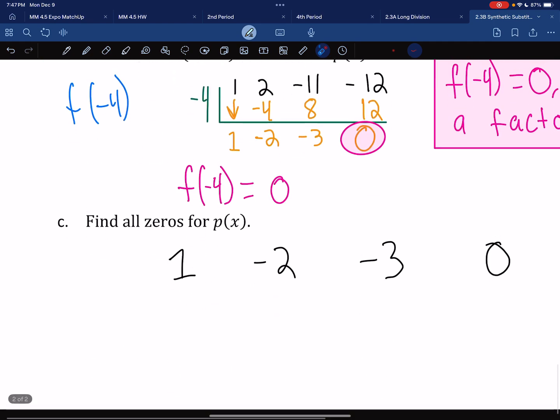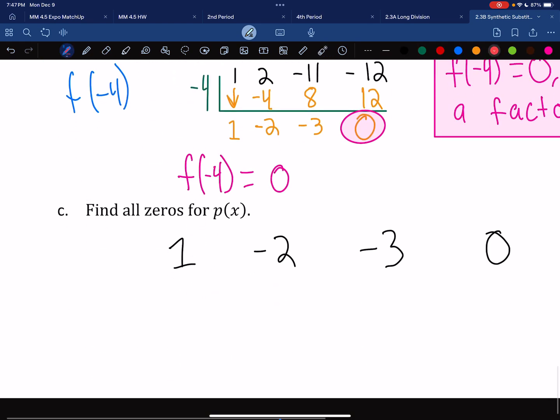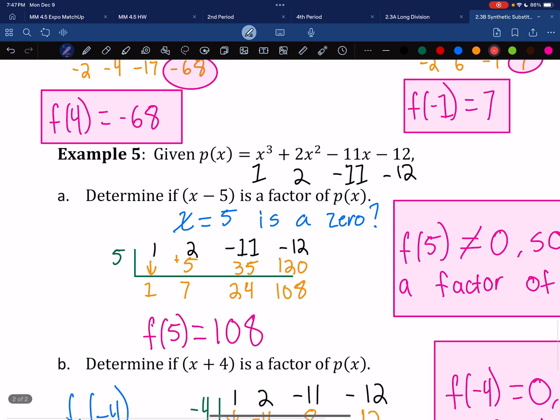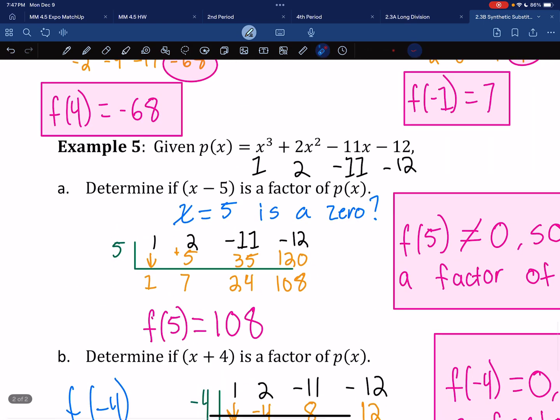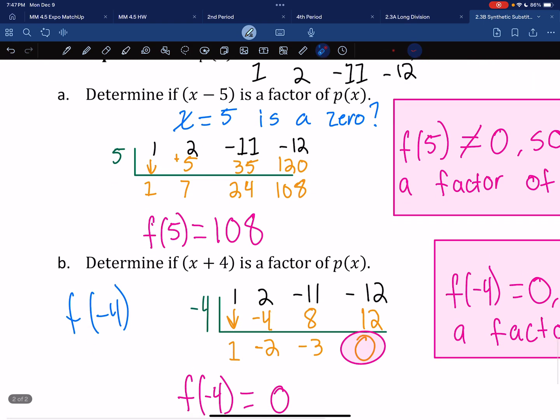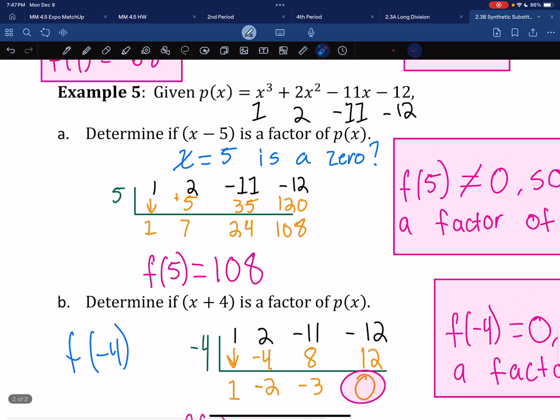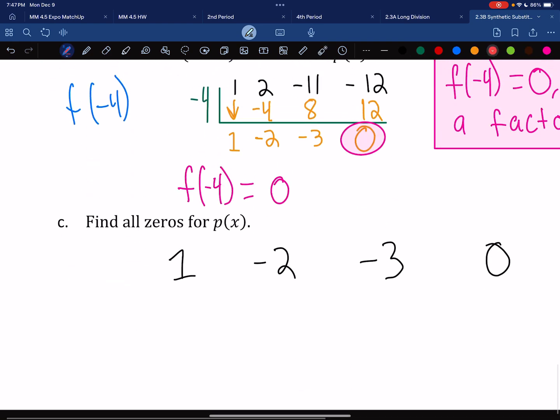Remember, I started with x cubed, and I divided by an x, so I took one away. So now I'm at x squared. That's what my coefficients line up with. So this is x squared, this is x, this is just our whole number, and then this is nothing. That's why I said we shouldn't even have to write it.